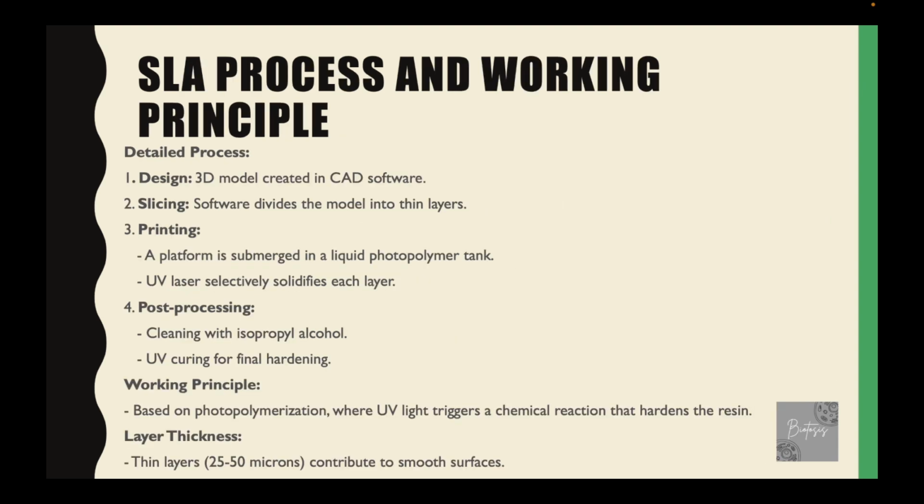The SLA process mostly works on CAD models, like in other printing techniques. We first create a CAD model, then go to the slicing software for the model to be converted into thin layers. Slicing converts it into layers so that we can give directions to our models.